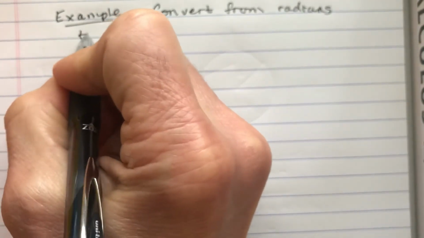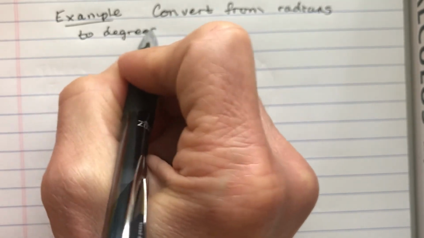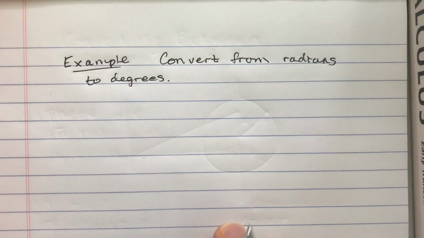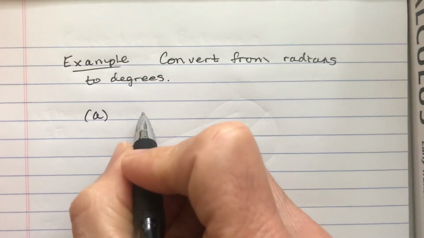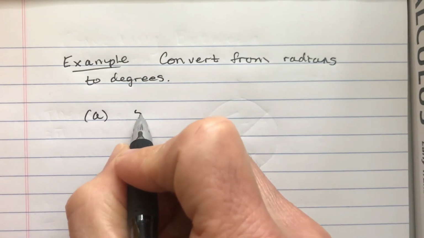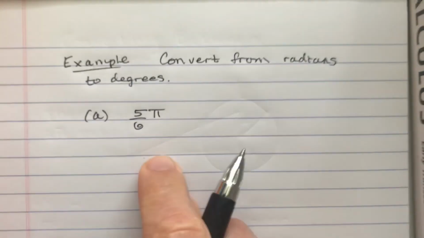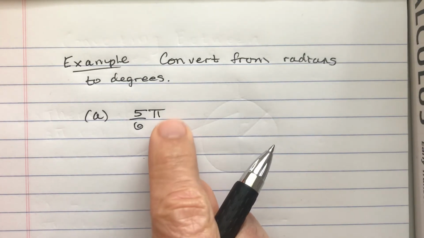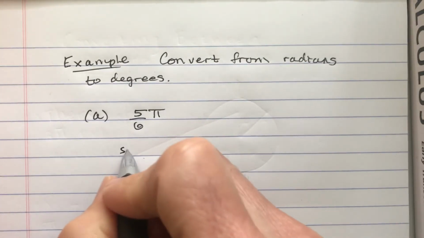Okay, so now let's do another example where we start with radians and then find degrees. All right, so if I have, say, 5/6 pi, if I don't write anything, this means radians, okay?